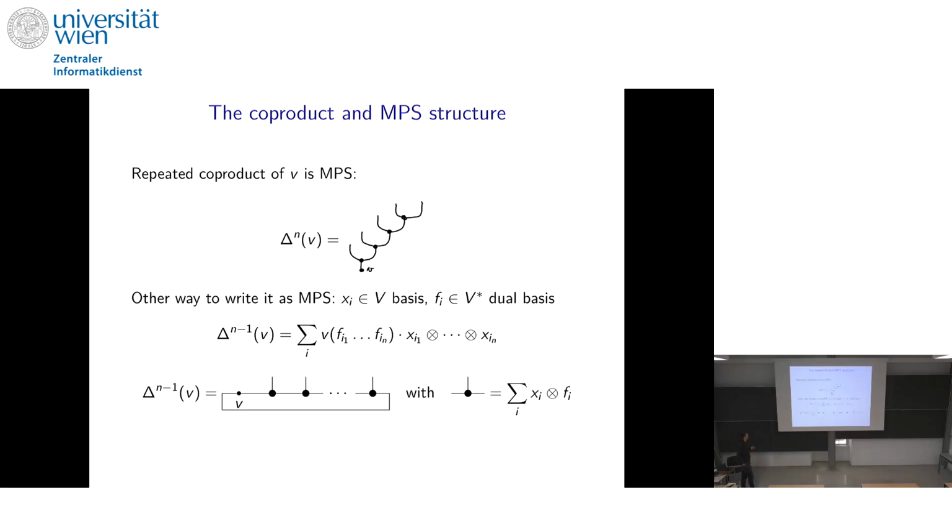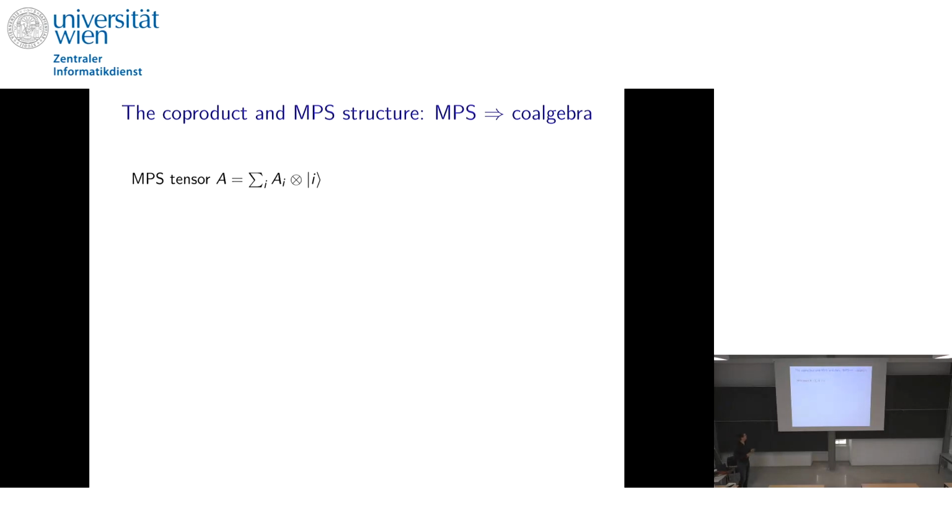So what we have learned here is that if you have a coproduct, so you have a coalgebra, you can think of the elements of the coalgebra, the repeated coproducts of an element, as MPSs. Interestingly, this relation between coalgebras and MPS also works the other way around. If someone shows you an MPS, you can think of it as a representation of a coalgebra.